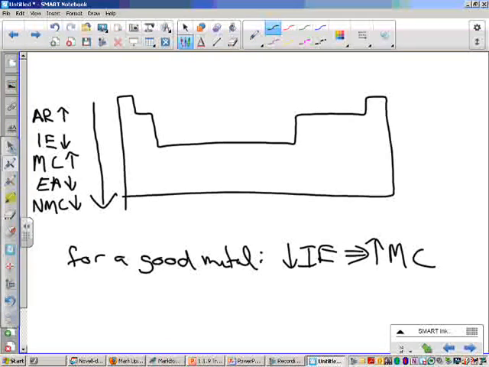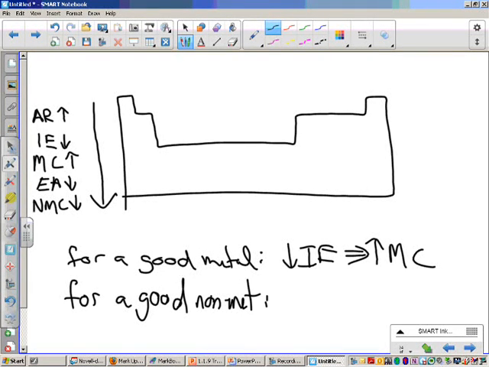The reason we can say that is for a good non-met, because just to put AL on the end would be way too much work. When you make study notes, you want to make things tiny. For a good non-metal, what's true about the electron affinity?